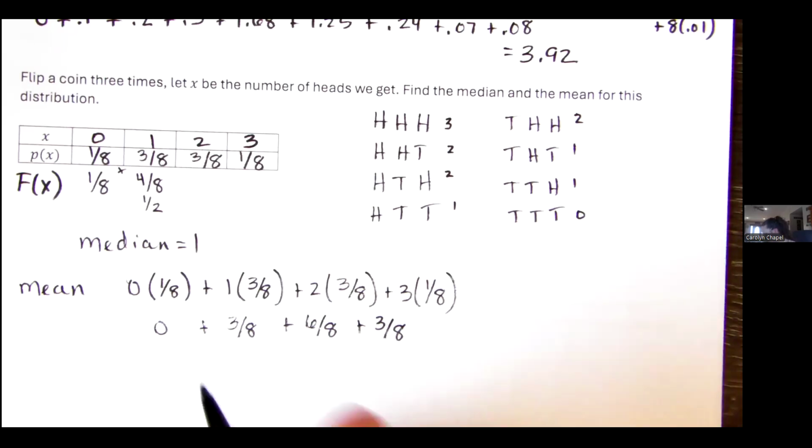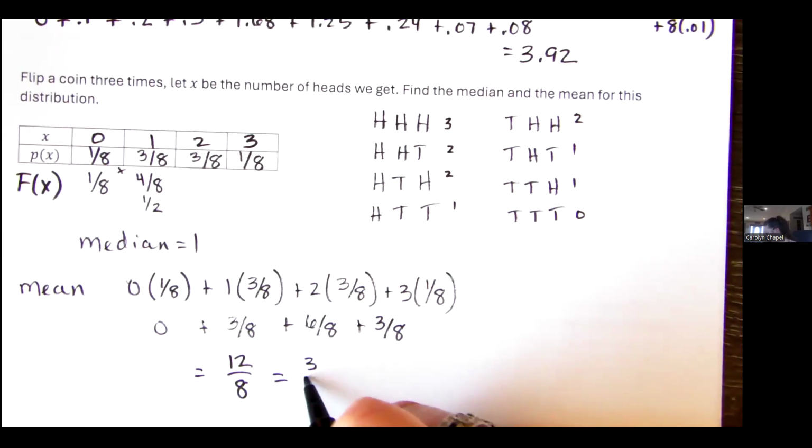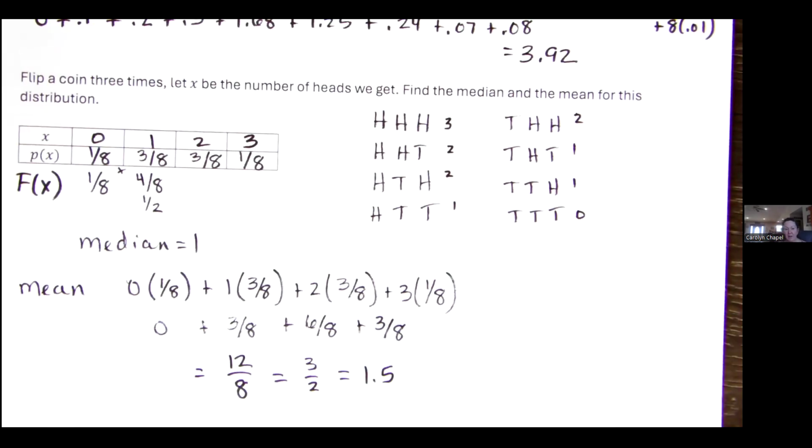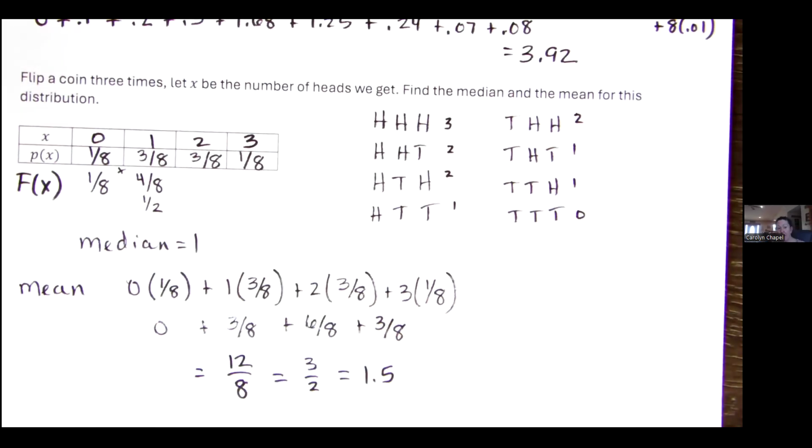I suppose this isn't too hard to add up. 6 and 6 is 12. If I reduce that down, they're both divisible by 4. I get 3/2, which is 1.5. So on average, and we would think that would be about right, because this is nice and symmetric, 1/8, 3/8, 3/8, 1/8, the mean will be right smack dab in the middle there too.